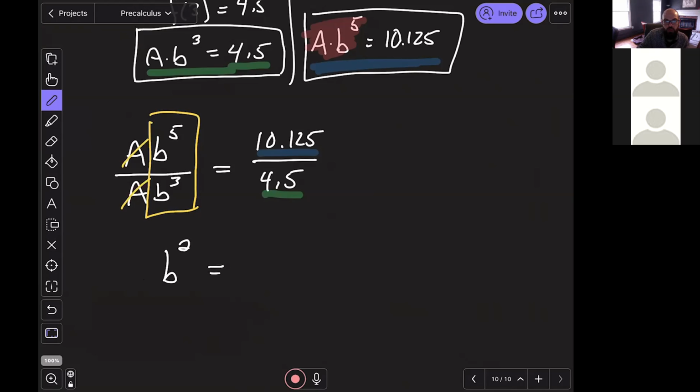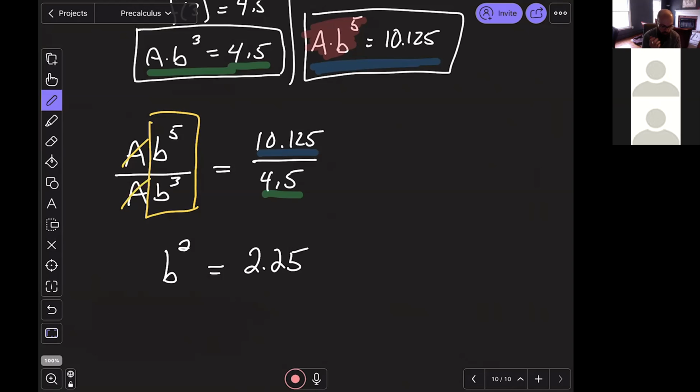4.5. So what I'm going to do is go over to Desmos. You can really use any calculator that you want. If you wanted to simplify this, you can do 10.125 divided by 4.5 and see what you get. What we end up with is 2.25 as our answer.